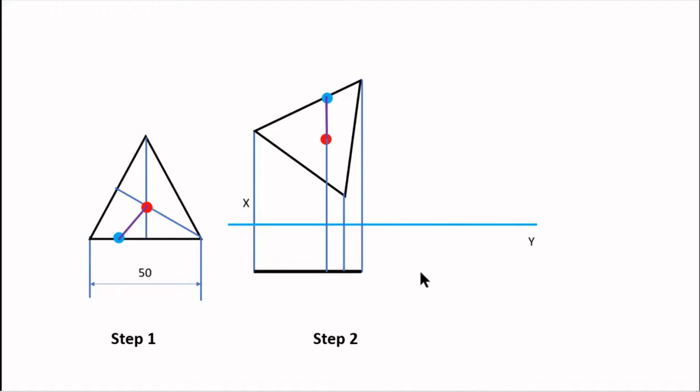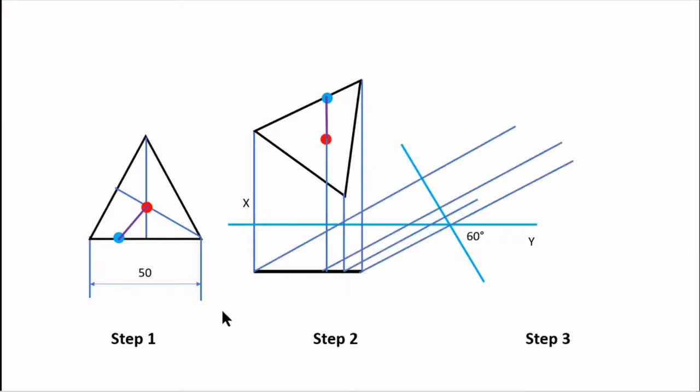Now I'll be using the auxiliary view to solve this problem. This plane has to make an angle of 60 degrees to the vertical plane, that is XY, VP. So I'll draw an auxiliary plane at an angle of 60 degrees. And through all the points, I'll draw perpendiculars onto the auxiliary plane like this.